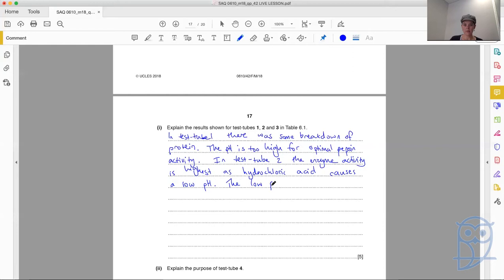The low pH is optimal conditions for the pepsin.